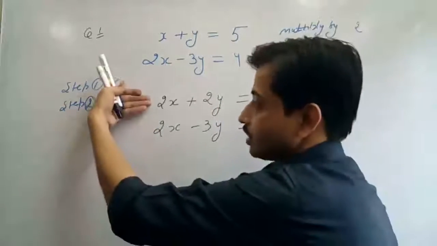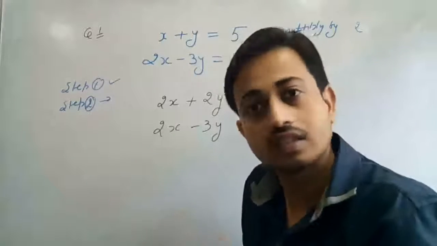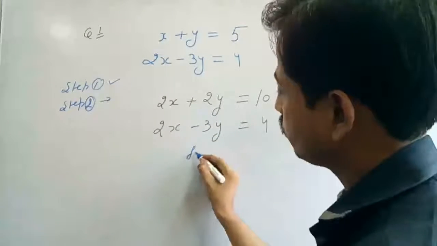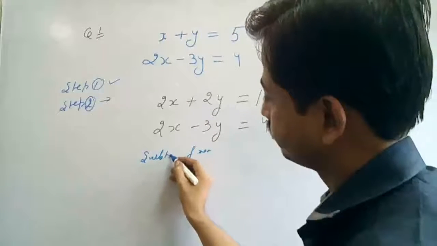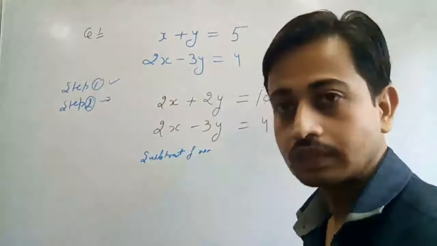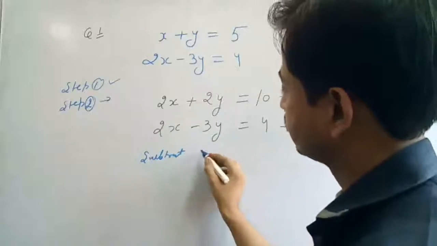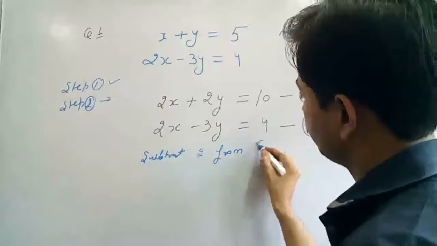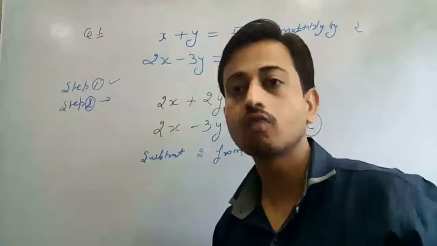If we subtract this equation minus this equation, 2x will cancel out with 2x. So what we have to do is subtract. Subtract 2 from 1. How will we subtract 2 from 1?